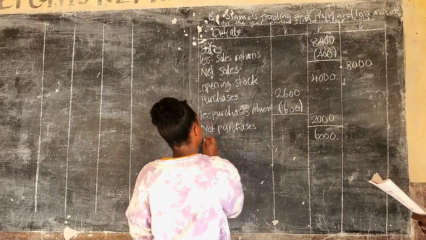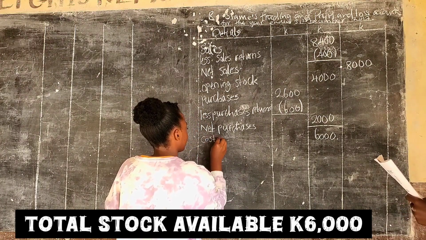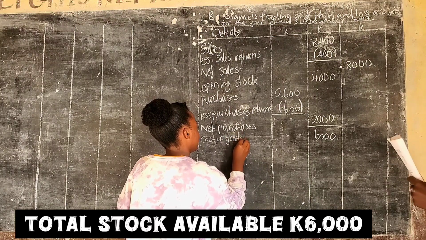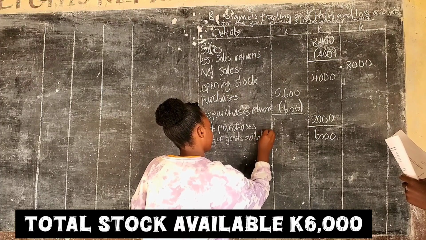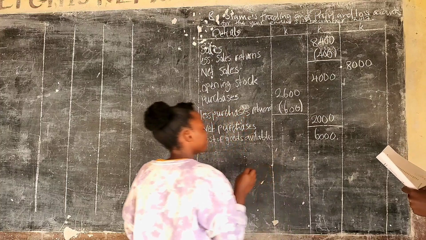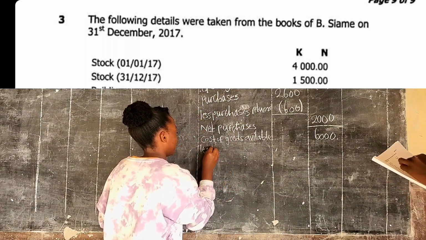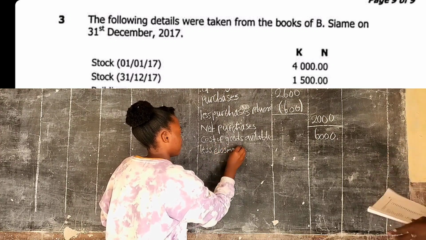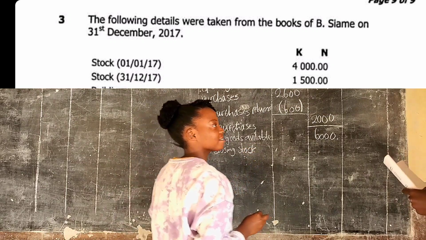This will be our cost of goods available. Then we come to less closing stock. How much? 1,000.